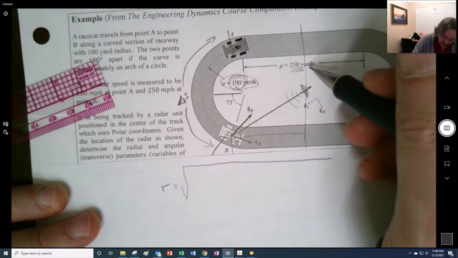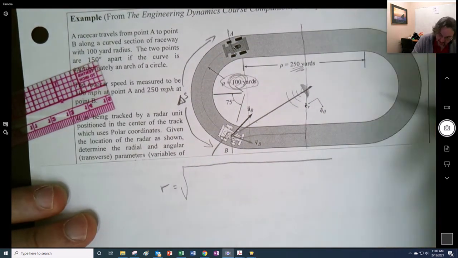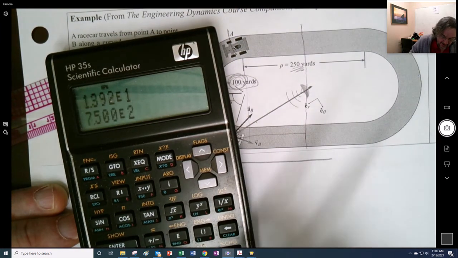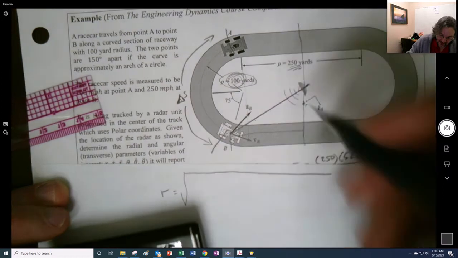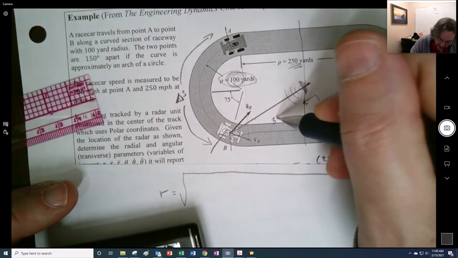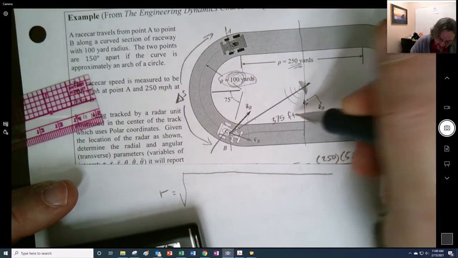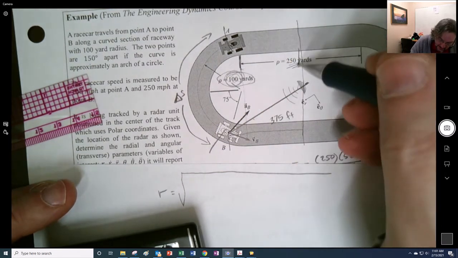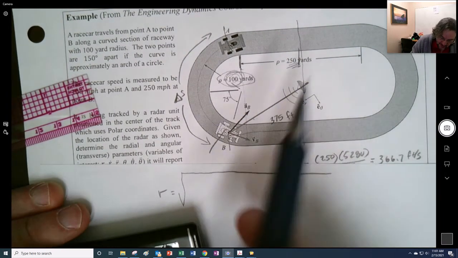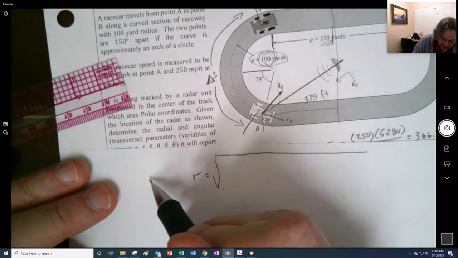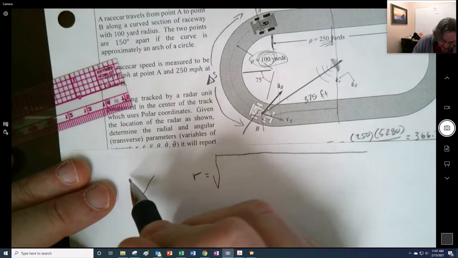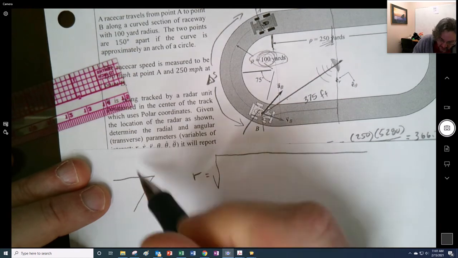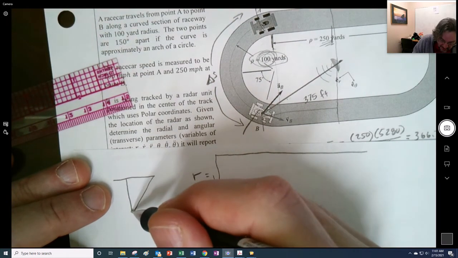All right, so 250 times 3 is 750. 1/2 of that ends up being 375 feet right there, right? From here to here. But also, we have this distance right there.